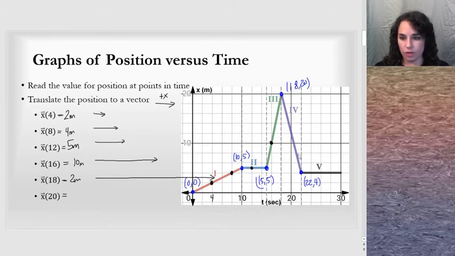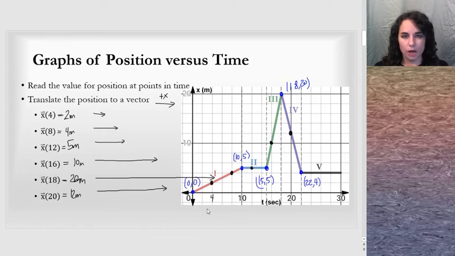Okay, x of 20, where is it at 20? Looks like 12 meters. So this would be 12 meters, and I need one a little bit longer than the 10. And those are vector representations. You may say, Sarah, it went up to 20 and then it went down to 12, so doesn't it need to have a vector in the backwards direction?